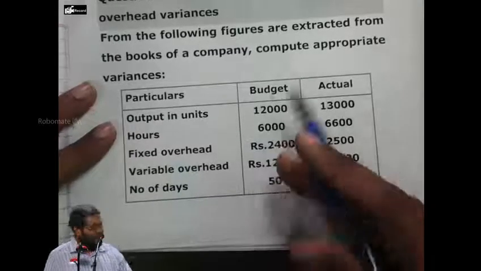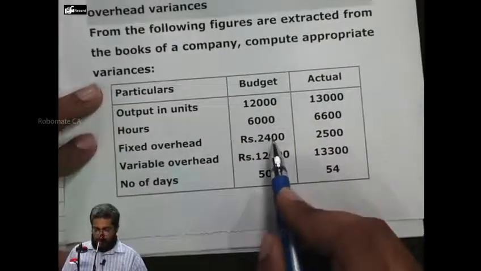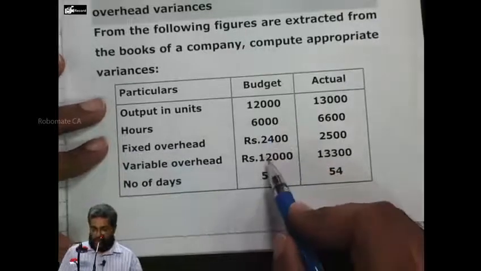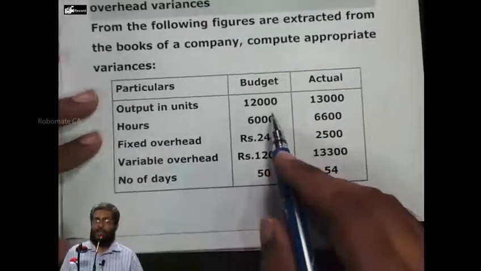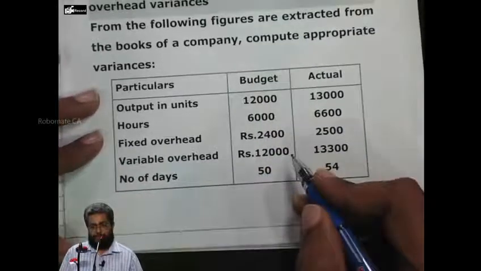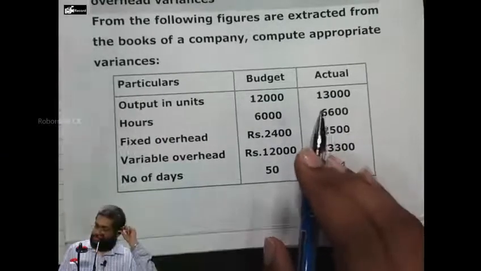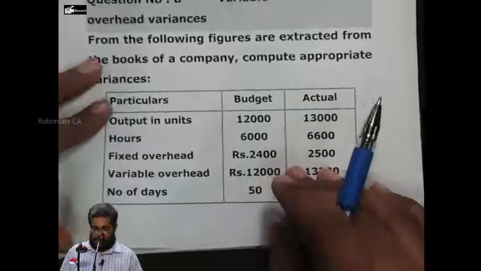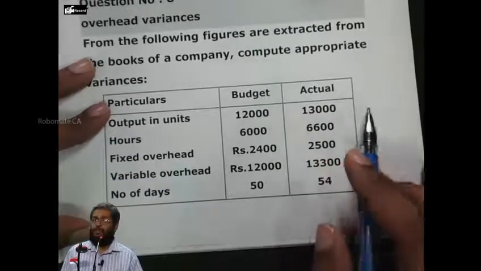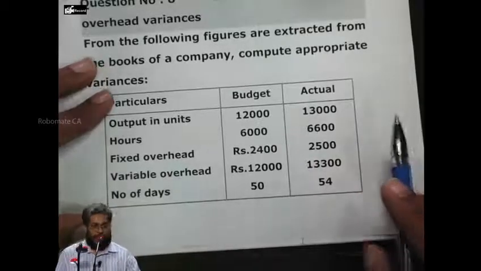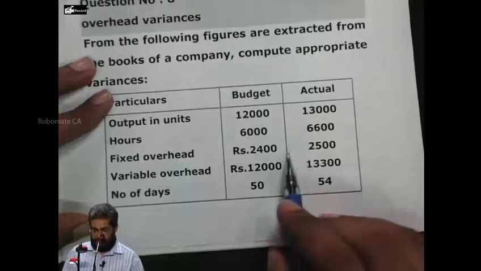Tell me, what is budgeted variable overheads? 12,000 rupees divided by 12,000 units is equal to how much per unit? 1 per unit. SR per hour is equal to BVO by BH.